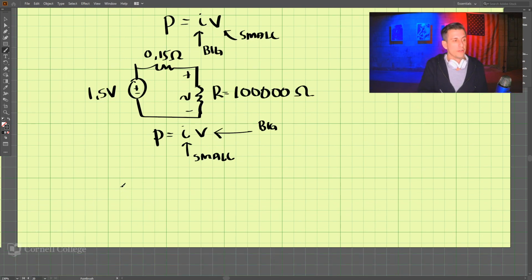So if I want P to be as big as possible, what resistance do I pick? What should the resistance be?